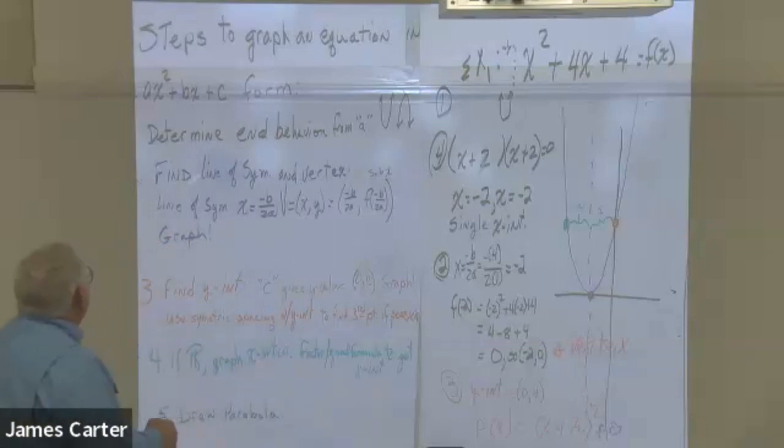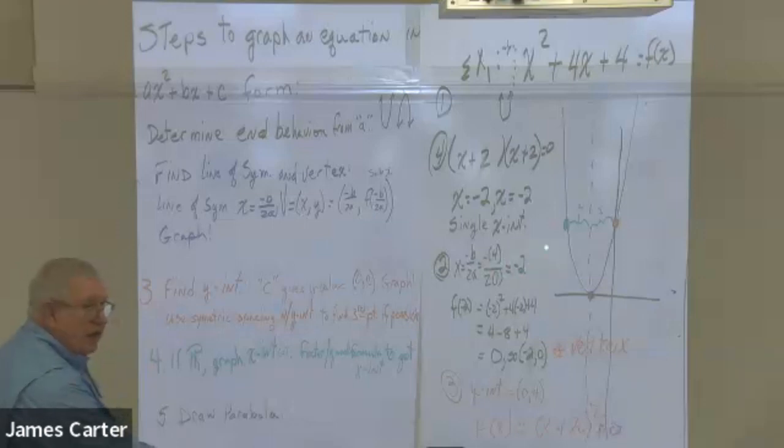Okay, now the next thing we want to do is find the line of symmetry and the vertex. What are the steps for that? Use x equals -b/2a to get the x value of the line of symmetry. Then substitute it in. Here's my line of symmetry right here at -2.